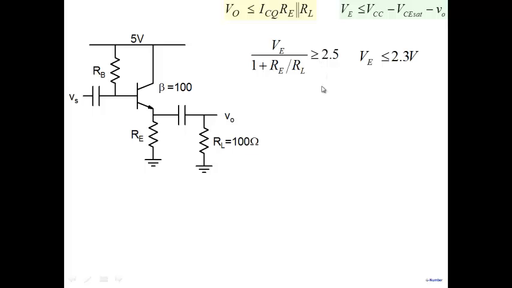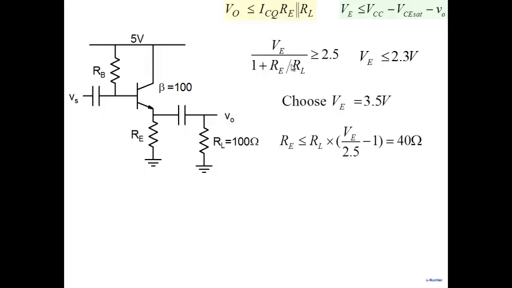But suppose one goes ahead and designs. One forgets about this particular limit here, and one goes ahead and chooses, let's say, V equal to 3.5. So obviously I can satisfy this limit, meaning that I'll have enough current in my system, and therefore this limit should not bother me. And suppose we choose V equal to 3.5, we go ahead and use this particular constraint to arrive at a value of RE.